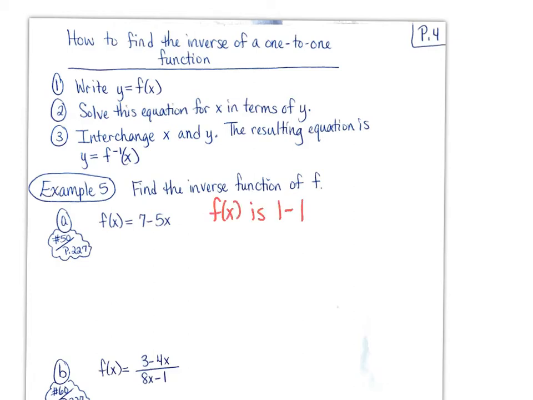Sometimes we write one-to-one like that. f of x is one-to-one since it is a line and it passes the horizontal line test.